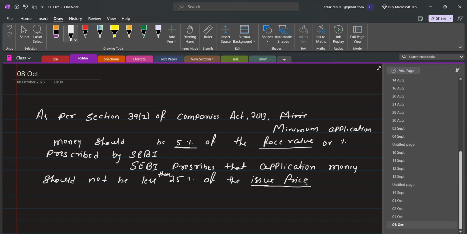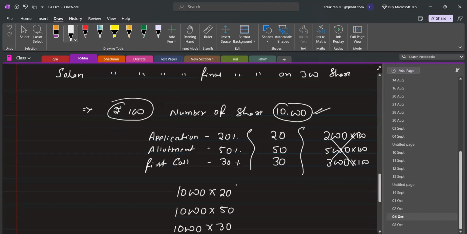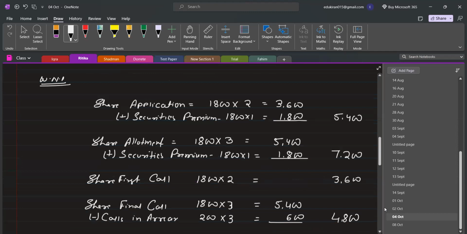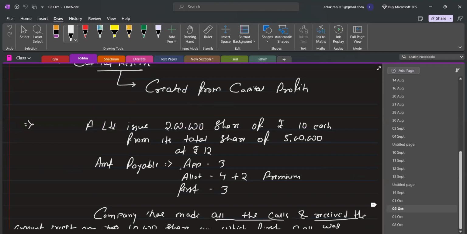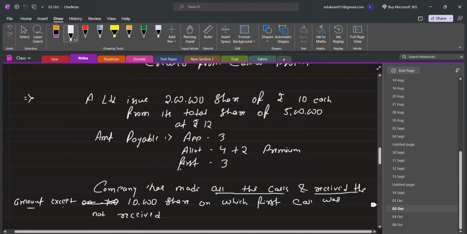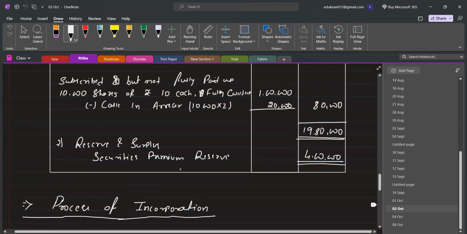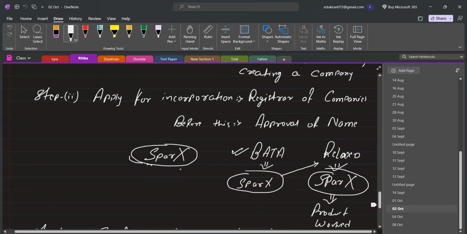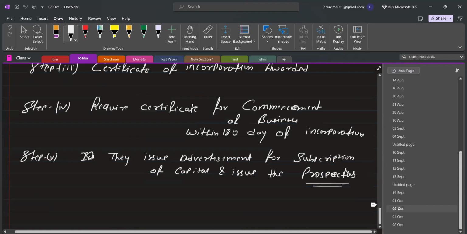Okay. So I told you about the lump sum payment method. So what have we already discussed in our previous classes? We discussed minimum subscription, presentation in balance sheet, process of incorporation.